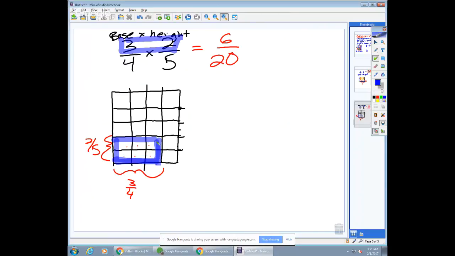It's 3 times 2, or 6. And so after seeing this area a few times, they're going to say, oh, the numerator of the product is always multiplying the numerators. And they start to say, oh, well, we don't even need a common denominator because the new denominator is just the product of the old denominators, right? Because don't I have a 4 by 5 grid to work with?